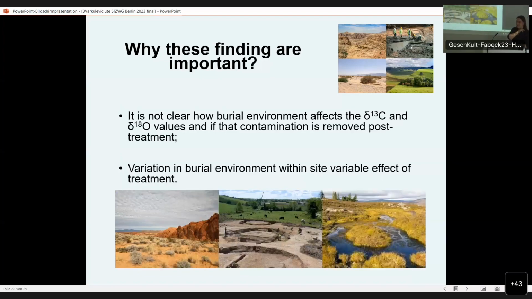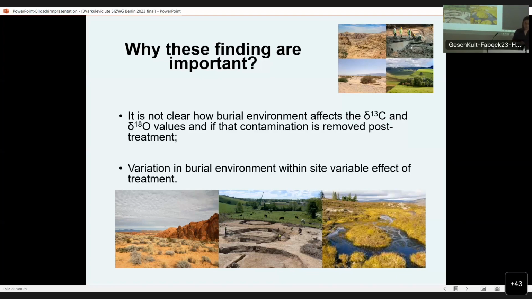And when it comes to the burial environment, our results don't really show a clear connection between the burial environment and the carbon and oxygen values, apart from maybe being cautious of waterlogged material, because that seemed to be the most unpredictable one.